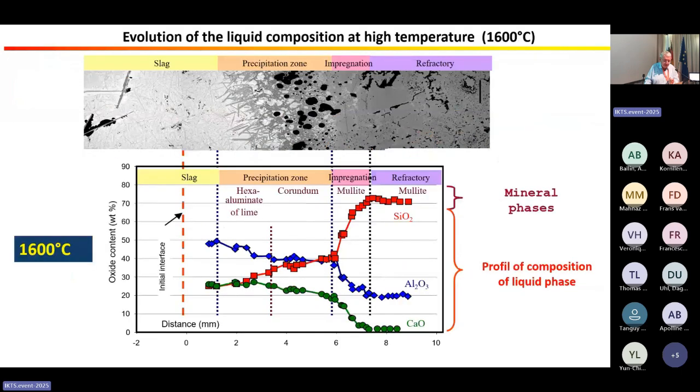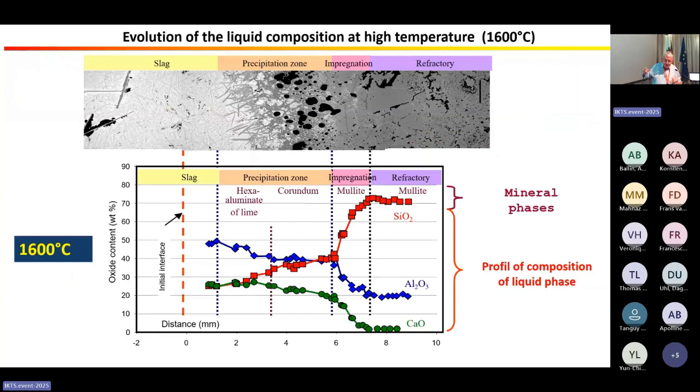Look at this example. We have the microstructure, and here we have represented at 1600 degrees C at the interface, the slag, the precipitation zone, the impregnation zone, and the refractories, the solid phases which are in equilibrium at high temperature: hexaluminate of lime, corundum, mullite.